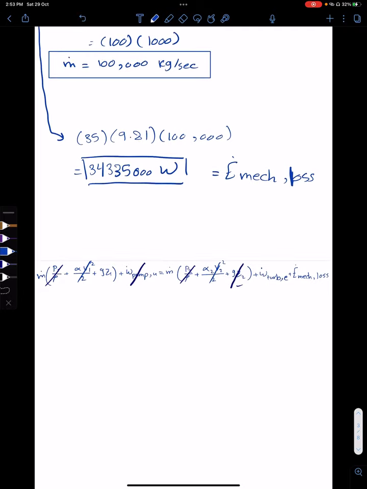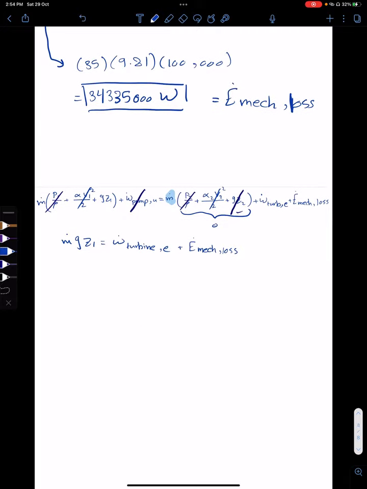What is left is m dot multiplied by gz1 equals W dot turbine E plus E dot mech loss. The remaining term multiplied by m dot is 0 obviously.